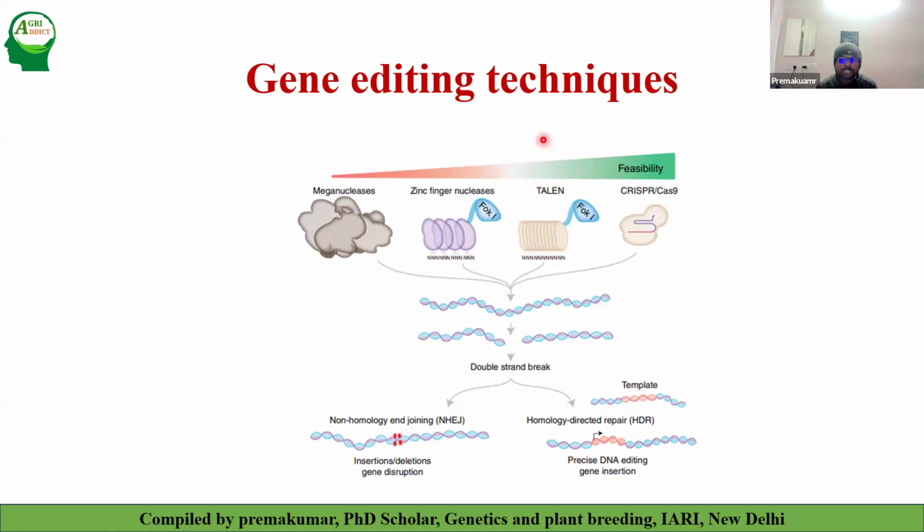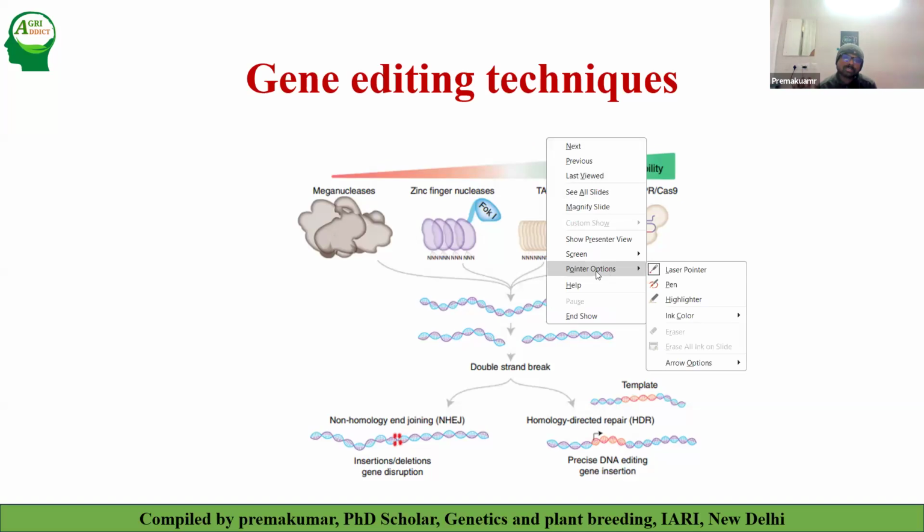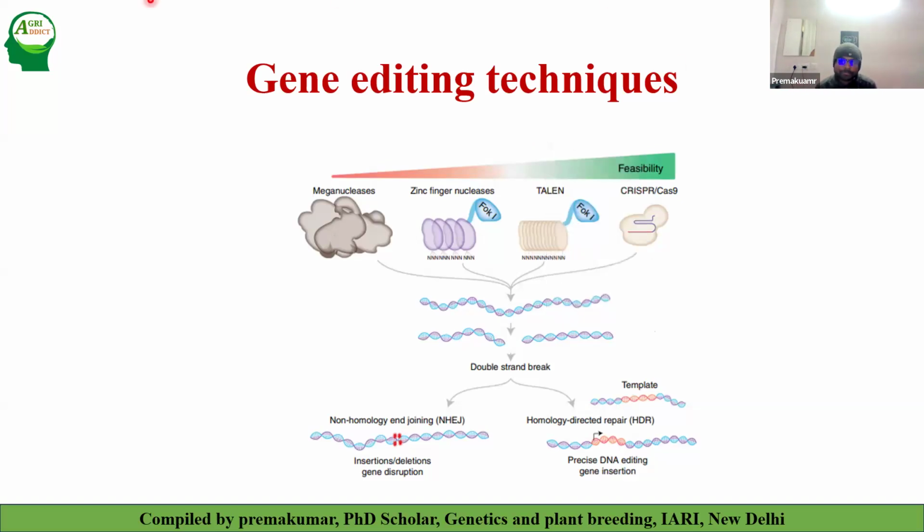Then, understood what the different technologies available before CRISPR-Cas9 were: meganuclease, zinc finger, and TALEN? Understood? Yes, sir. Then it introduces the double-strand break. It creates a condition which is not normal to the cell.